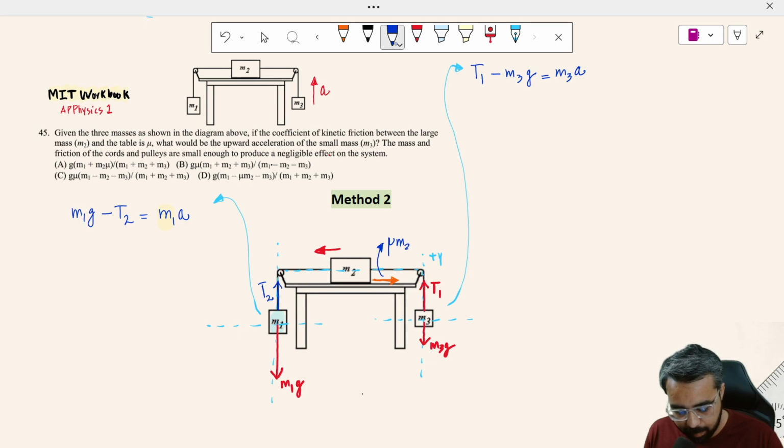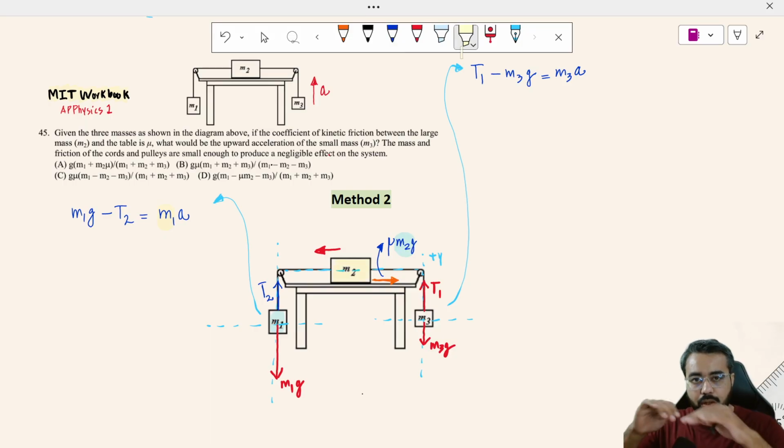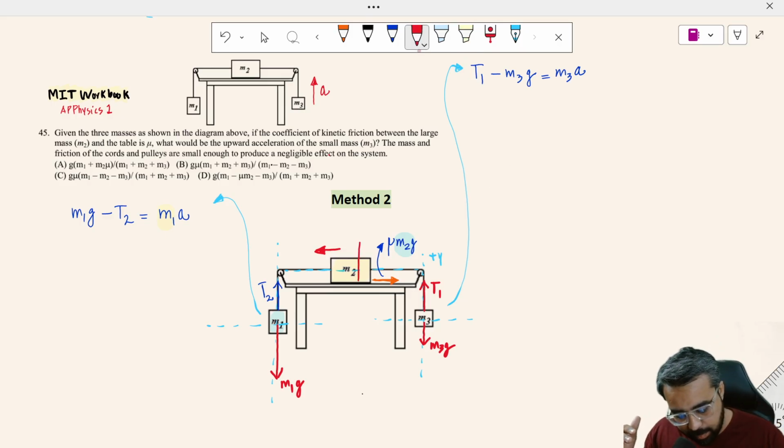That should be m2g, because the normal force is equal to the weight. Why weight? Because this mass m2 is accelerating on a horizontal surface.